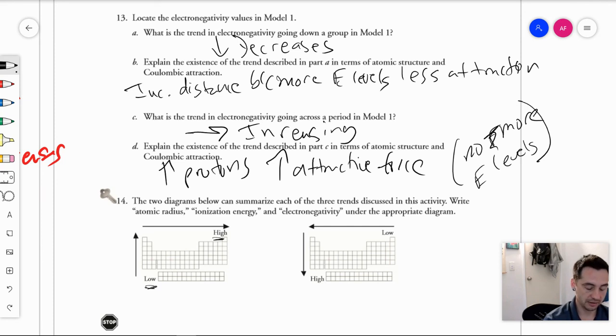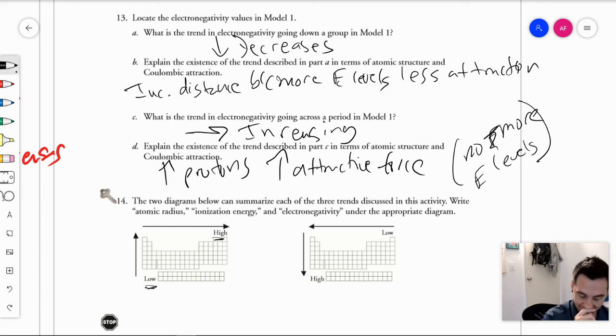For this one, we're going to have high electronegativity to the right, and it's a little bit confusing what these arrows mean. I don't like the way these are set up. They don't make much sense. So is this low to high? I'm a little confused.